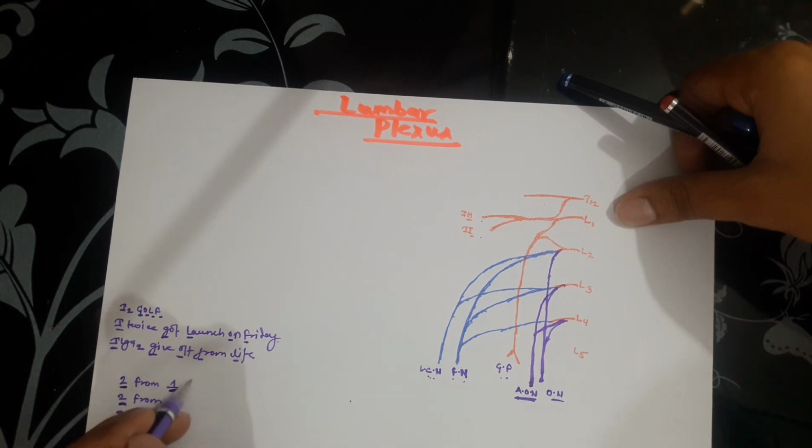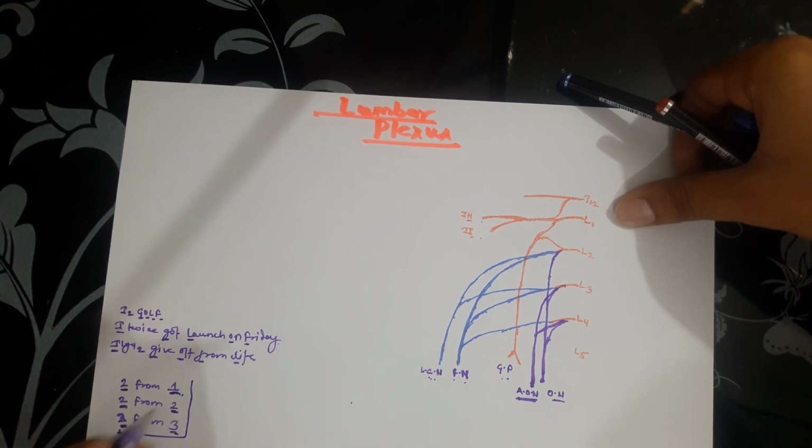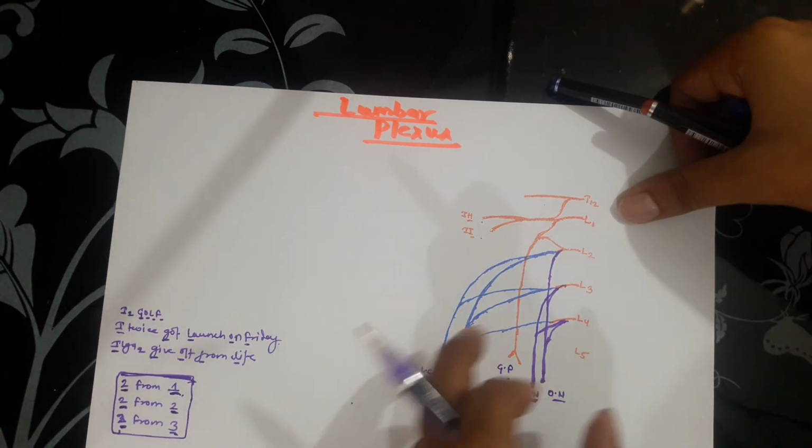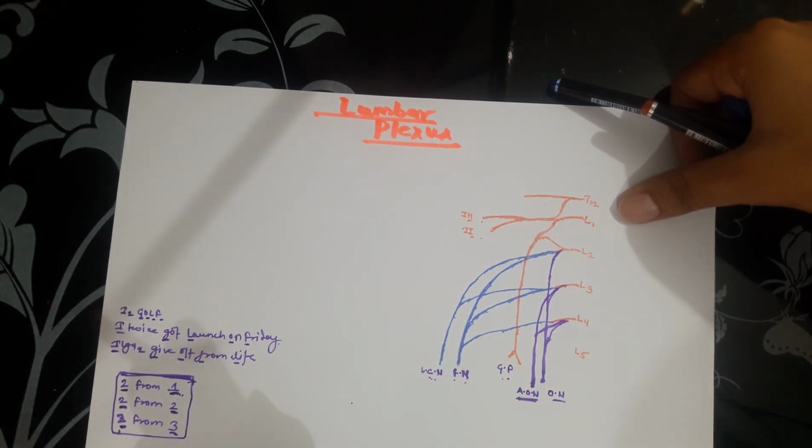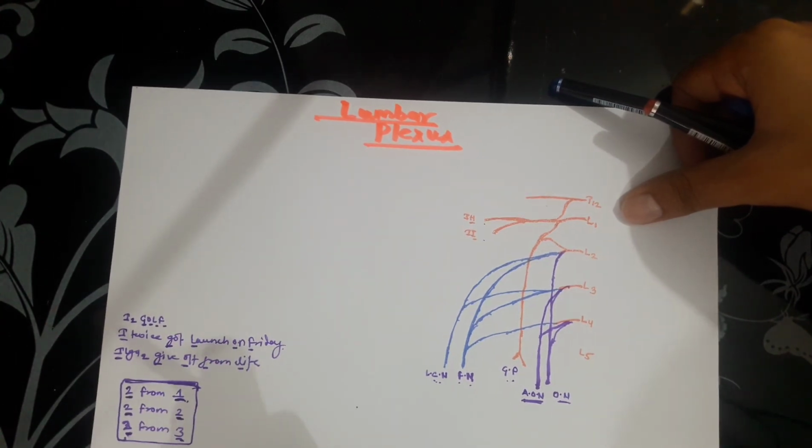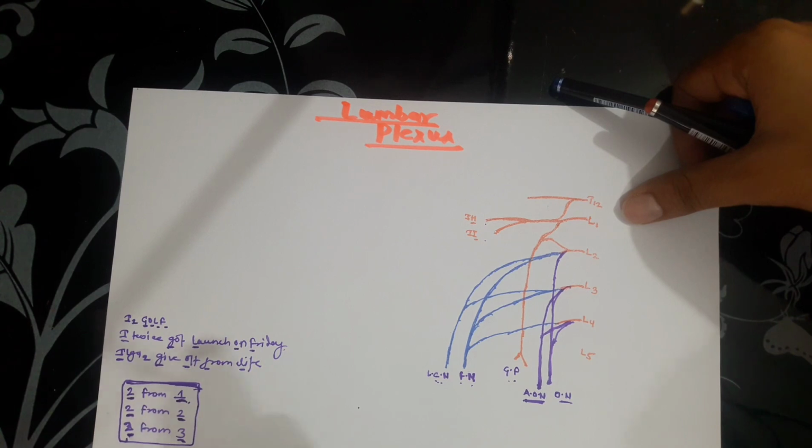So through this formula we can remember how many branches of the lumbar plexus originate from the union of how many lumbar roots. So these are all the lumbar plexus branches, and these are the mnemonics through which we can memorize the main branches of the lumbar plexus.